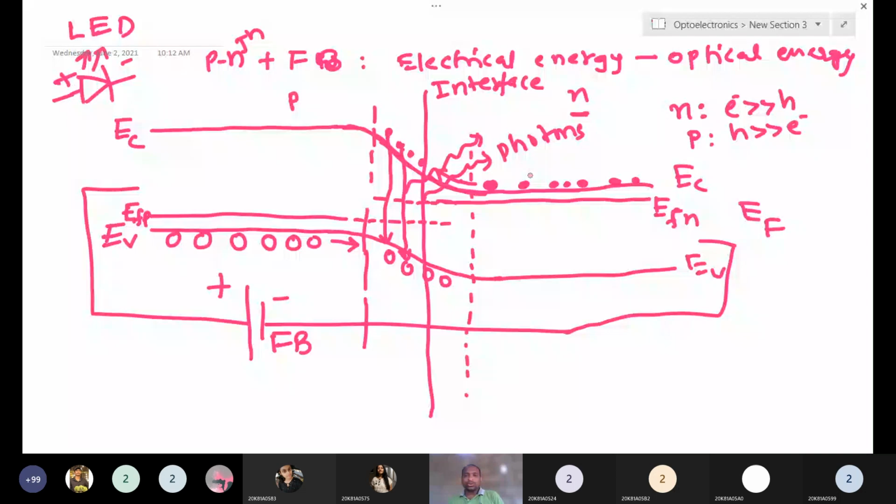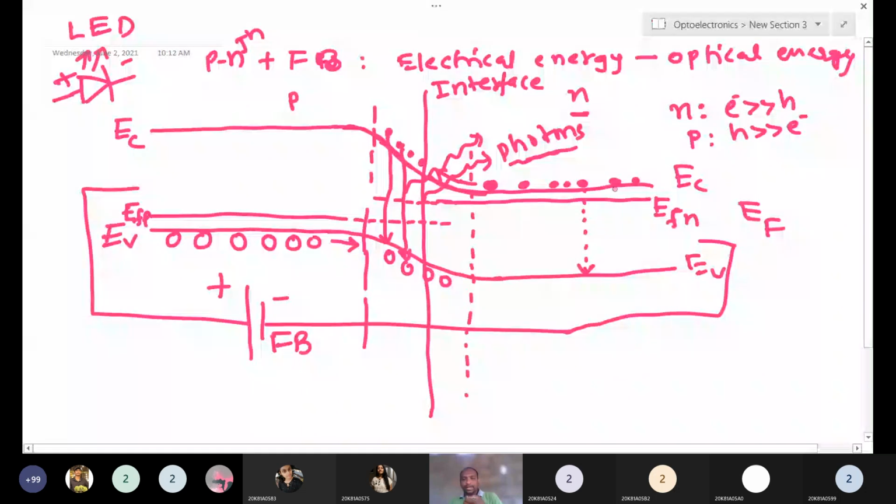Suppose you take the n-type semiconductor; there is also a chance of electrons jumping from the conduction band to the valence band there, right? Similarly, why is it not happening in the p-type region? Why do we say only electron-hole recombination at the interface emits photons? Why are electrons not recombining in only the n-type or only the p-type semiconductor? There also electrons are there, and a few holes are there.